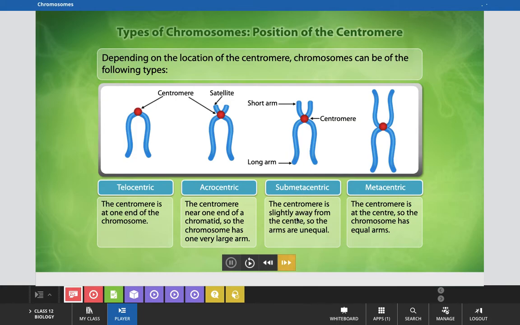The centromere is slightly away from the center, so the arms are unequal. But in metacentric chromosomes, the location is such that both arms are equal in size.